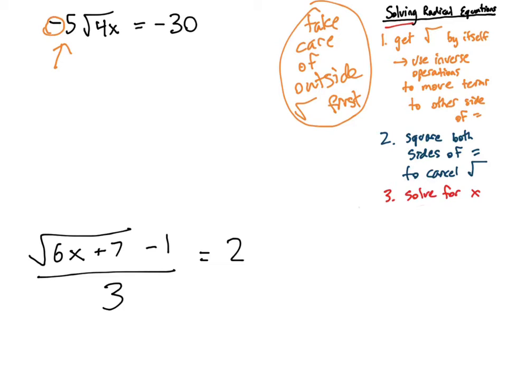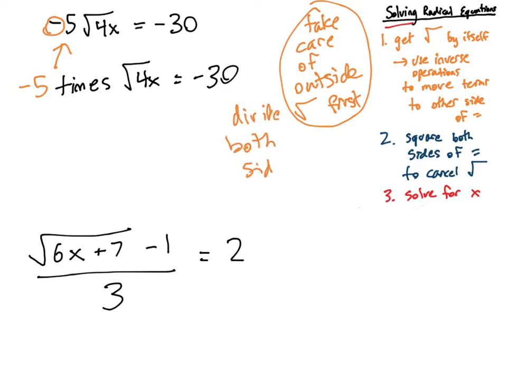When we write a number right next to the radical like that, that number is a coefficient. What this really means is -5 times the square root of 4x. So the inverse operation that we can use to cancel out that -5 is we want to divide both sides. Oh, that handwriting is atrocious. Just for the sake of everybody, let me write that one more time.